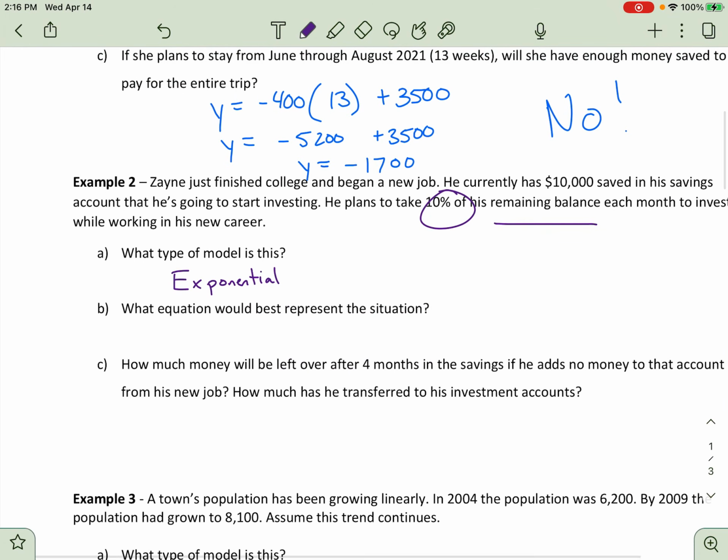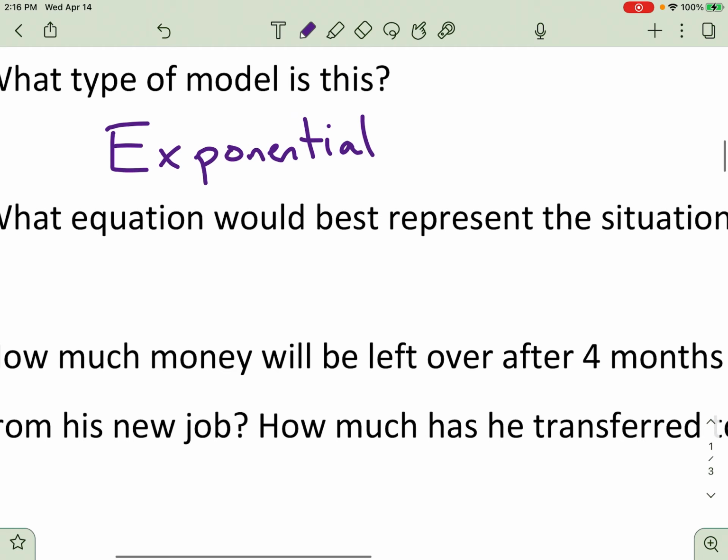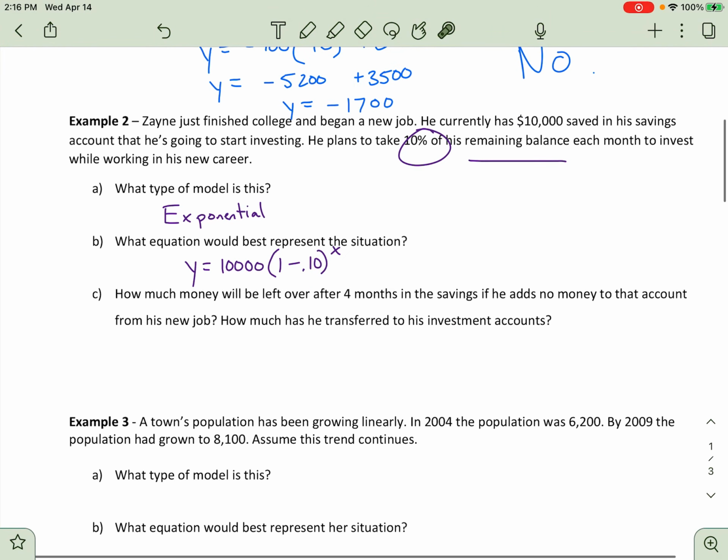So what equation would best represent this situation? Well, he has an initial balance of $10,000, and he's taking out 10%, which can be changed to this decimal, 10% every month. So x here is going to represent the number of months.